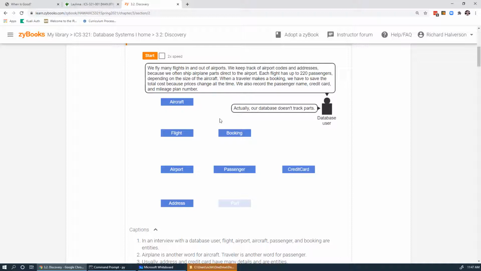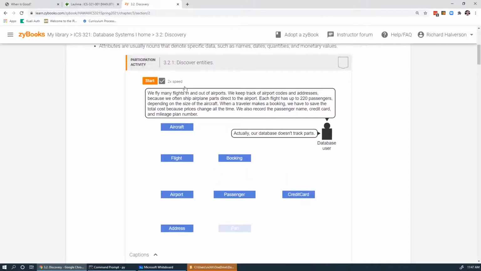They have an idea because most people have taken an airplane flight, but not everybody has done that. So you have this discussion and you're able to identify these entities here. We fly many flights in and out of airports. We keep track of airport codes and addresses because we often ship airline parts direct to the airport.